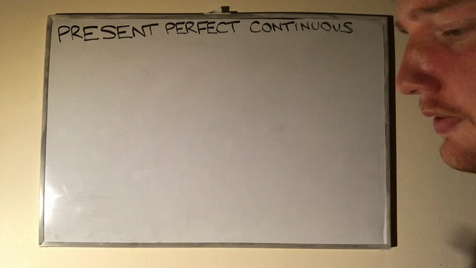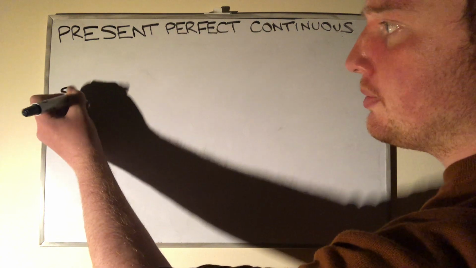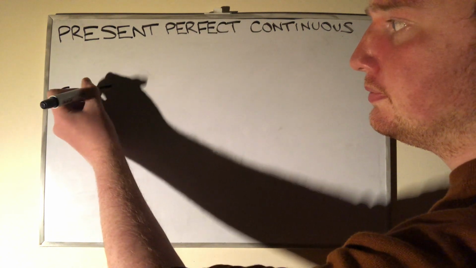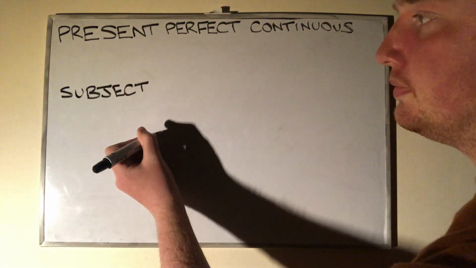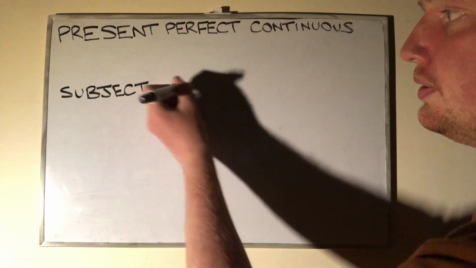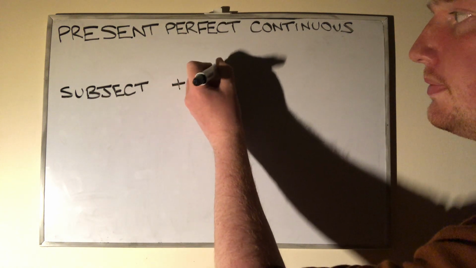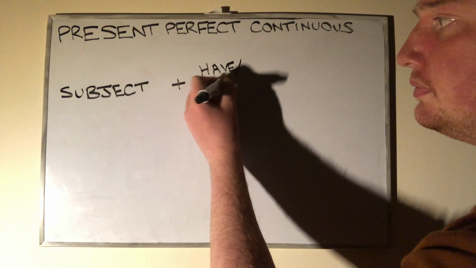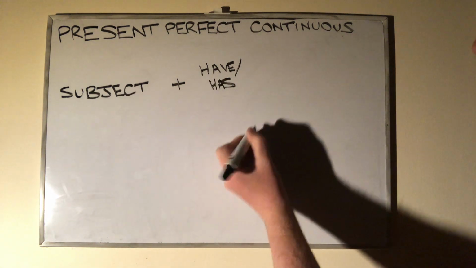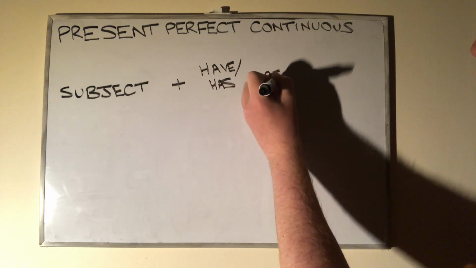So what is the structure of the tense? So we begin with our subject. And then we add have or has. Then we add been.